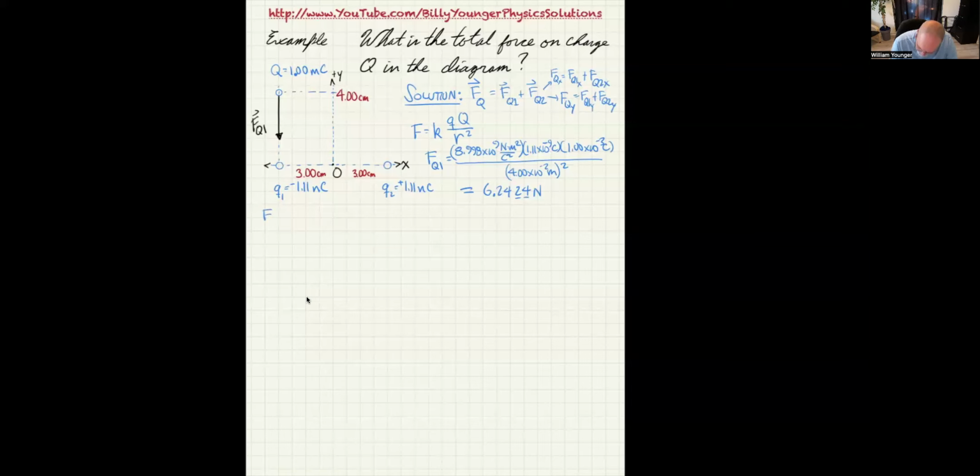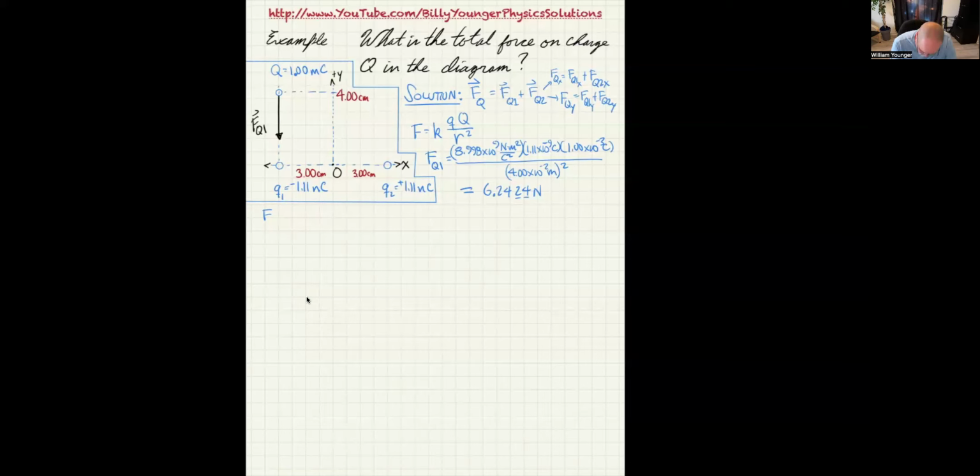Actually, let me go ahead and separate the diagram from the solution so it looks a little less confusing. Okay, so that's basically the diagram.